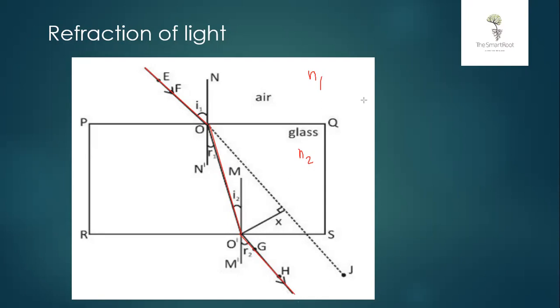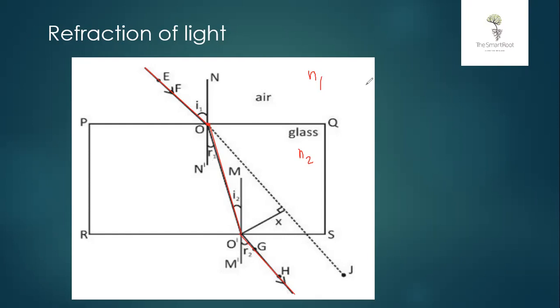Look at it. The line EO is starting from air, right? It is coming and falling on this particular glass slab. When it falls like this, what is happening? It is bending. How is it bending? It is bending towards the normal.